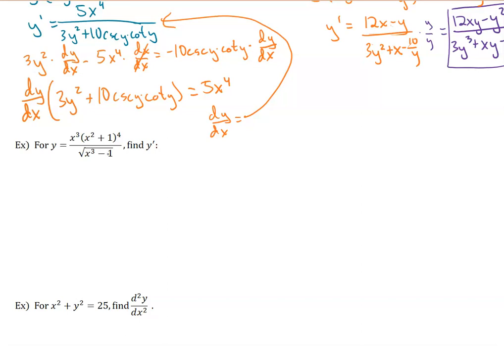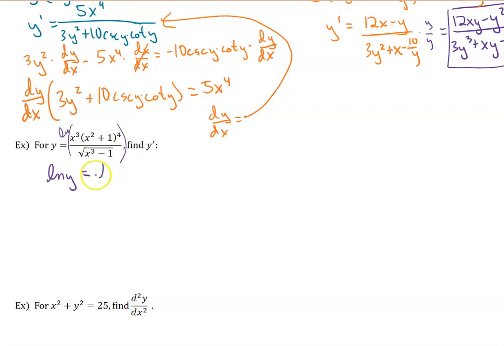So to avoid that, I want to rewrite my equation in such a way that it is algebraically equivalent, but I can break all these things apart. And our option for that is using log properties. Okay, so I can take the natural log of both sides of this equation and write it as natural log of y equals the natural log of this whole thing, but log properties tell me that if I have a natural log of a product or a quotient inside the log, I can split that with addition or subtraction into separate logs.